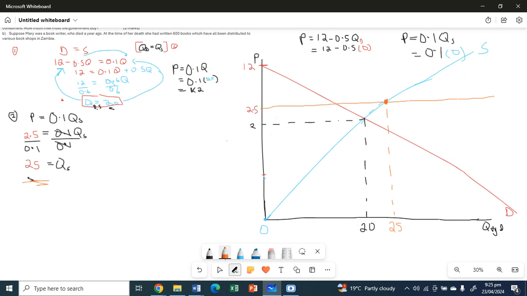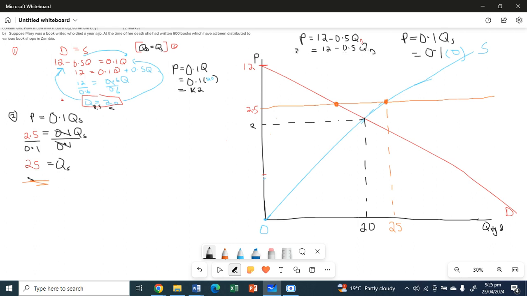Also, we can find the quantity demanded of milk at this price of 2.5, where this price floor is cutting the demand equation. So in the demand equation, we substitute P with 2.5 and want to find the value of QD.